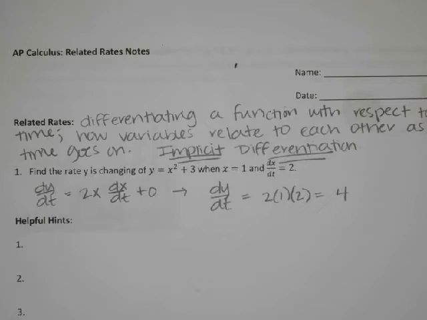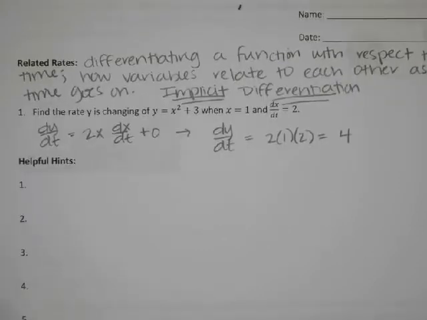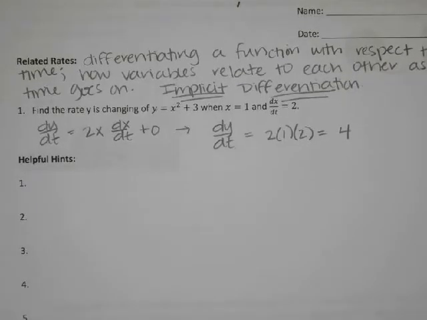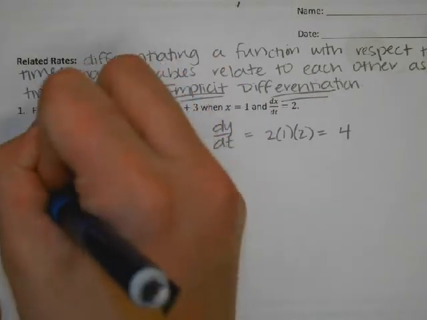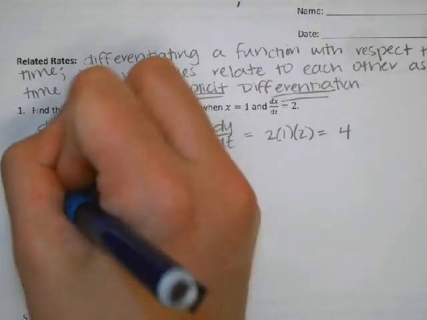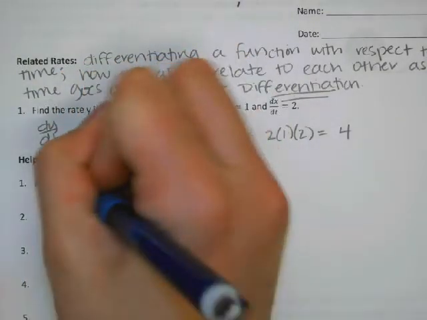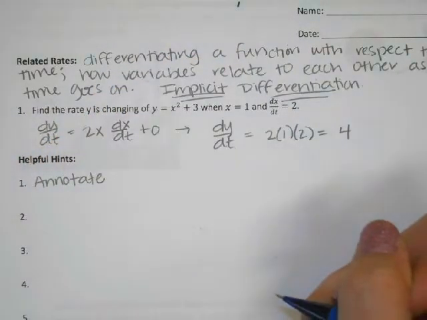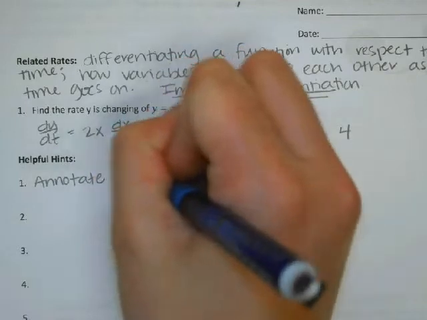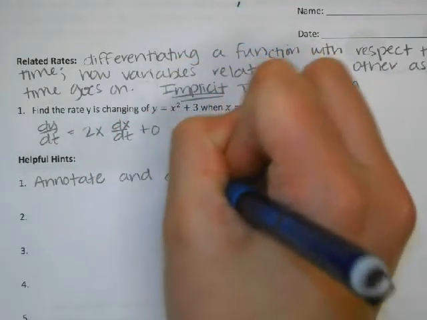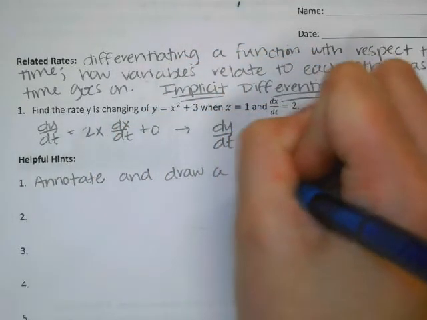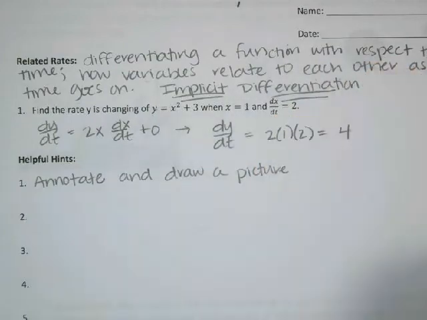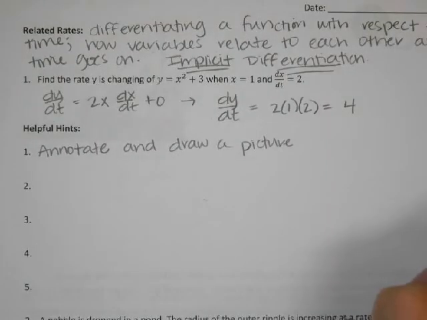Okay, so some helpful hints when you're approaching these related rate problems is to annotate the problem. I was told that annotate is an okay vocabulary word. So if you don't know what annotate means, it means like underline, highlight, whatever. Annotate the problem and draw a picture. So pick out the important pieces of information and draw a picture to give yourself a better understanding.